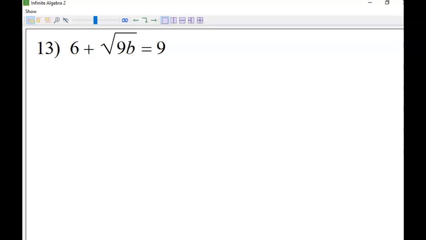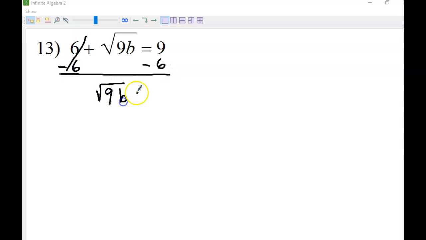So here we go. Let's go ahead and move on to number 13. So we're going to be solving equations. And this one, the first thing you want to do is get rid of the number that is not underneath the square root. And once you have the square root part by itself, what you're going to do is you're going to square both sides, because squares cancel out square roots.